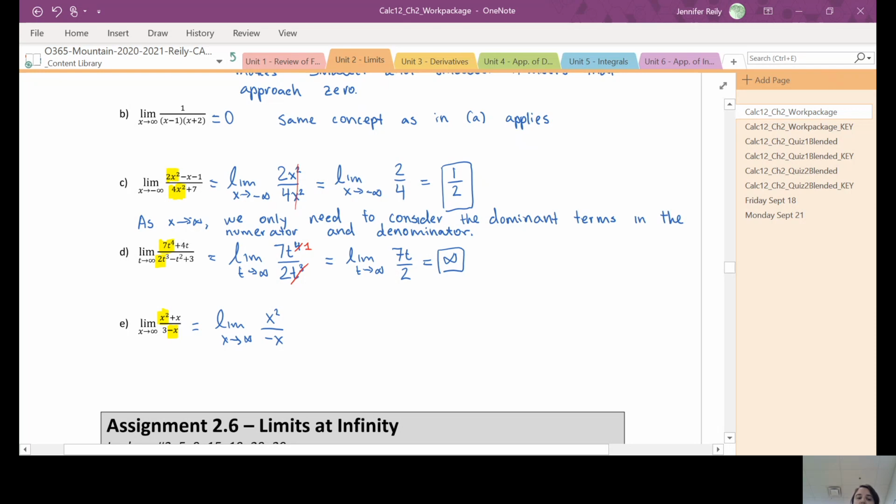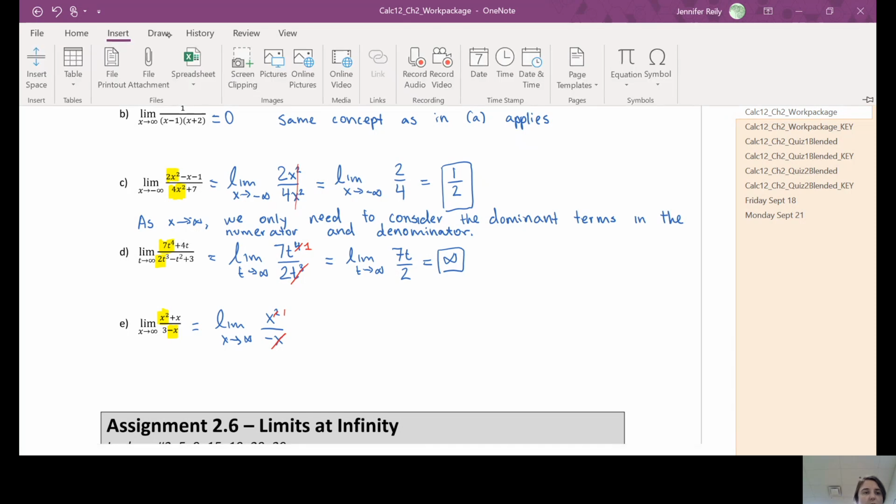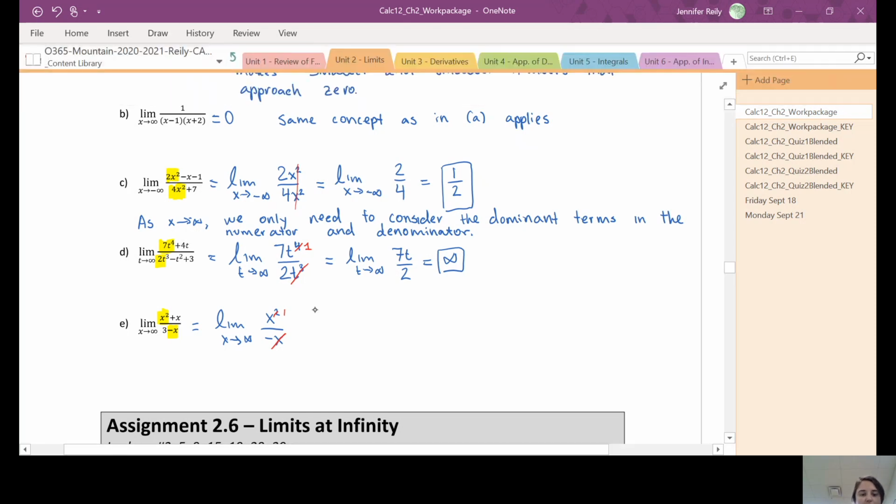So we see again the degree of the numerator is larger than the denominator. We can make a cancellation. So this is the same as the limit as x goes to infinity of x over negative 1, or negative x. So this is going to grow and grow and grow, except it's going to be negative. So it would be negative infinity.